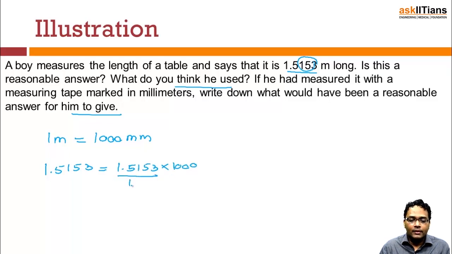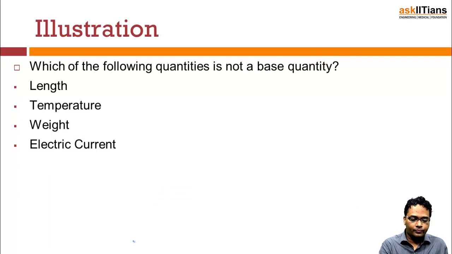If we get rid of the decimal, we'll get 1515 if it had been measured in millimeters. So this many millimeters that we have. Okay, fine, let's move on.